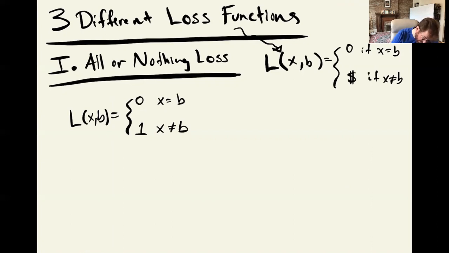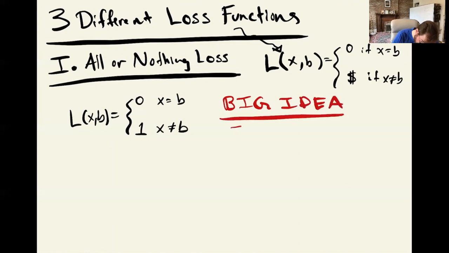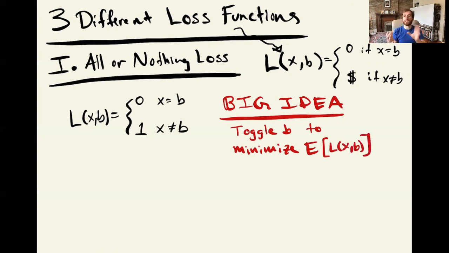So the big idea here is we're going to toggle B to minimize the expected value of L of X, B. I'm going to use square brackets just to help separate out these two sets of parentheses. Doesn't really mean anything. Ordinary parentheses is fine.